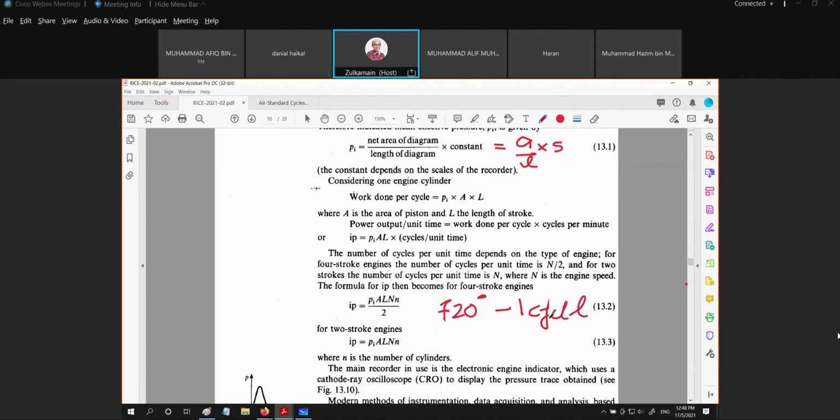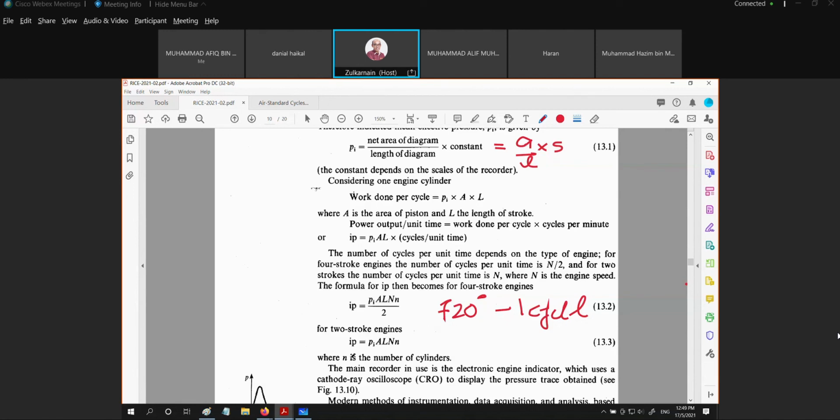And one cycle for a 4-stroke consists of 4 strokes. From these 4 strokes, we only have one PI, which is the power stroke. That's why we need to divide by 2. But for a 2-stroke engine, we don't have to divide by 2, because every one rotation produces one cycle.